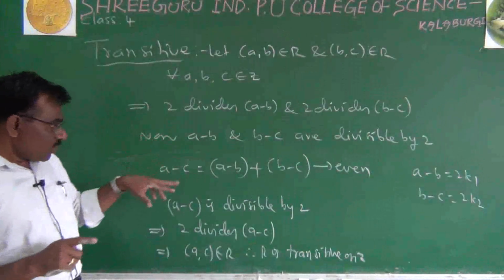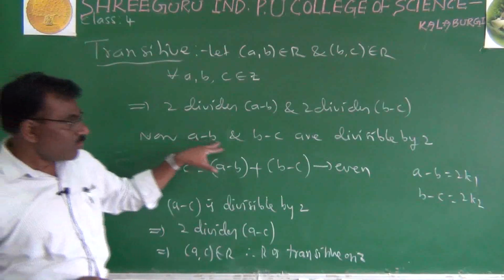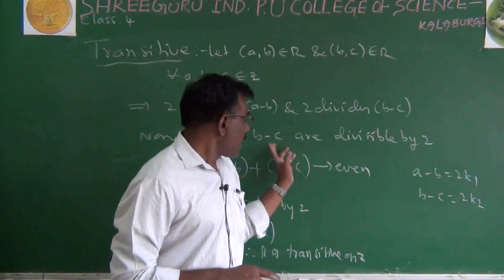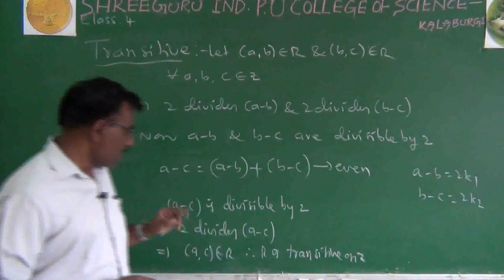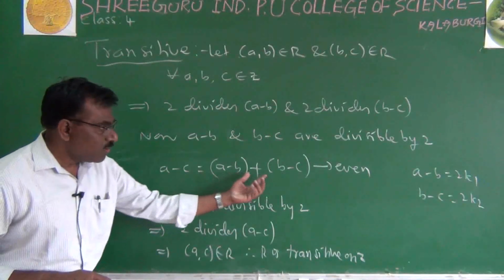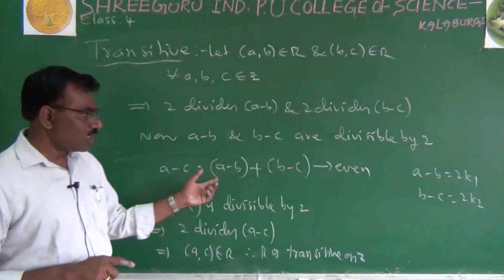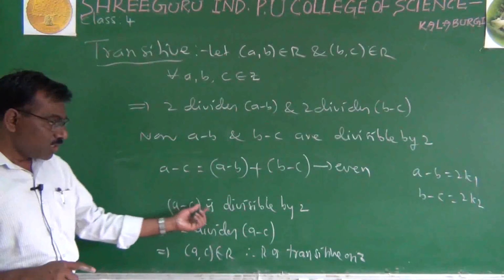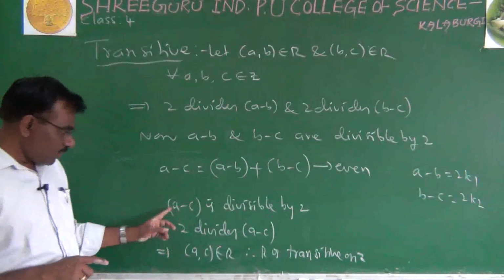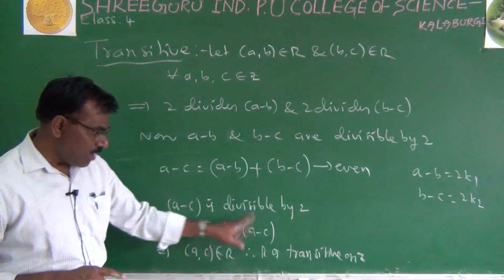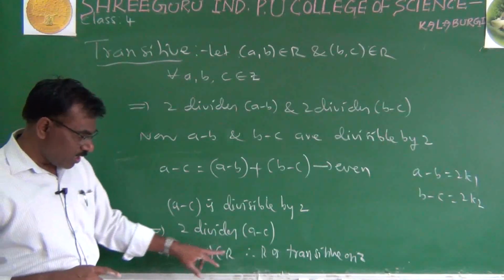A minus b is 2k1 and b minus c is 2k2. Totally the answer is even. When it is even, a minus c is divisible by 2. So 2 divides a minus c, and (a, c) belongs to R.